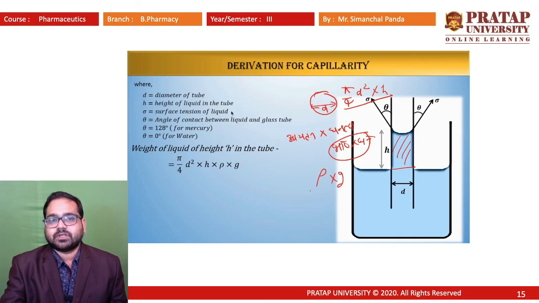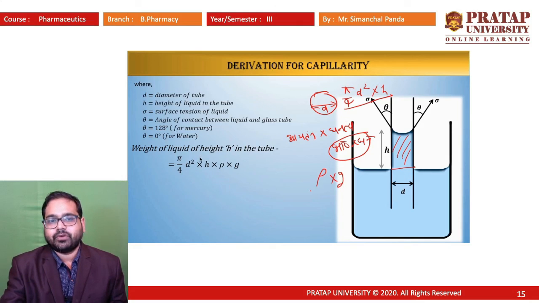Gamma is the surface tension of the liquid. Theta is the angle of contact between the liquid and the glass tube. For water theta is 0, and the angle of contact between mercury and the glass capillary is 128 degrees.